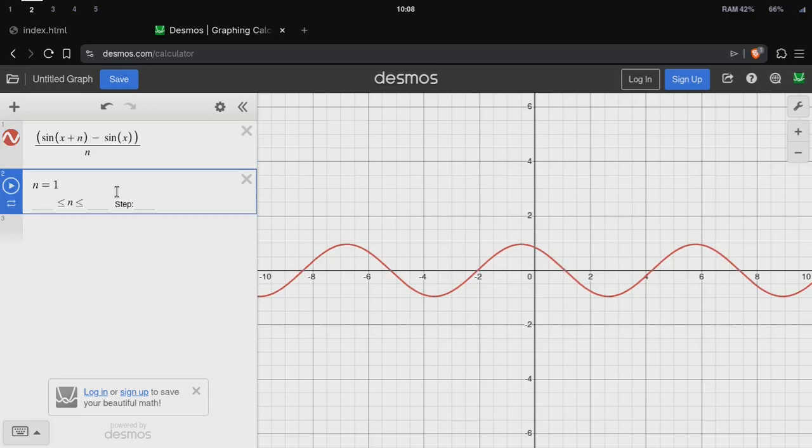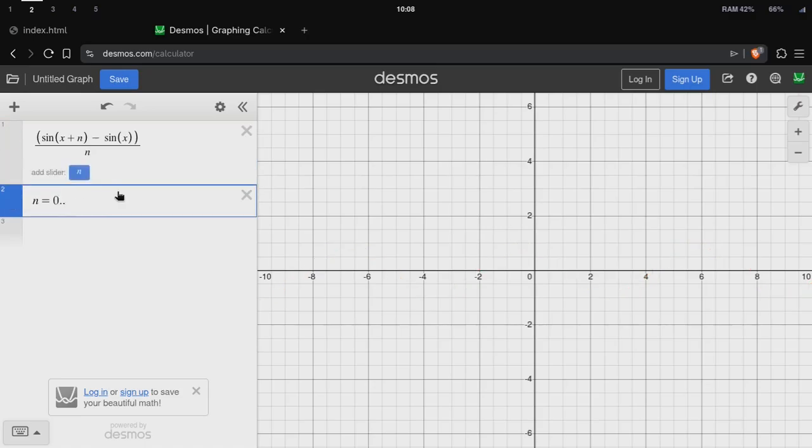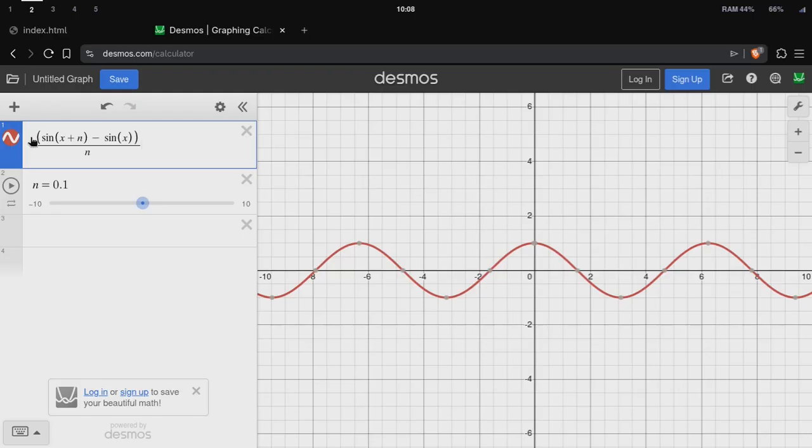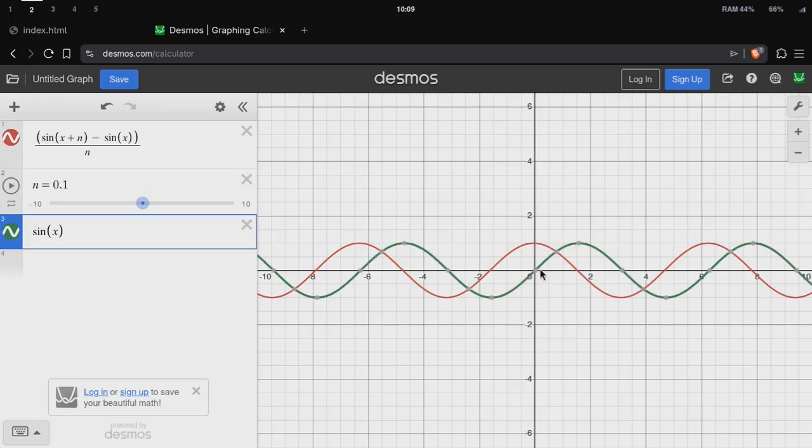Let's add a slider for n. In fact, this thing works, because if I plot sine of x, it is this, and this actually is cos of x.